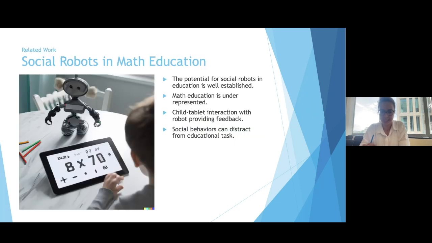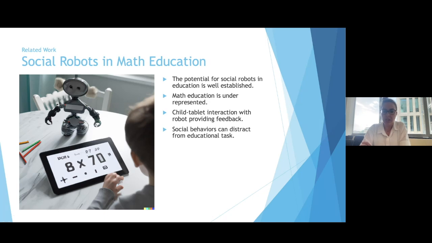Next slide, please. The idea behind this project is that we wanted to see how we could use social robotics for offering feedback, and how the potential of social robotics could be used specifically for math education, and how that would support the child's result, hopefully filling a little bit of that gap that they had encountered during the pandemic.